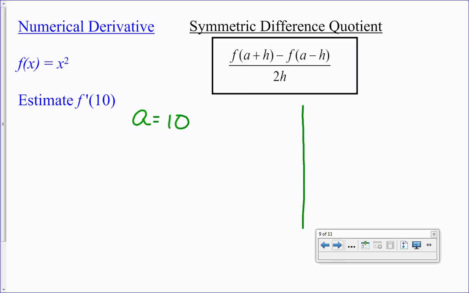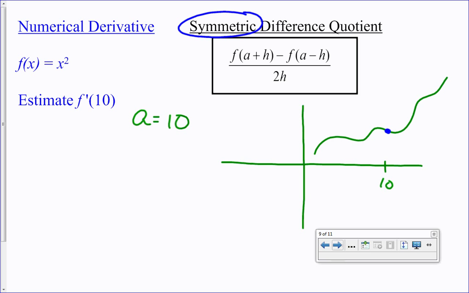If I have a graph here, and everything's always better with visuals, and let's say here is where X is equal to 10. We have some graph. Where does the word symmetric come in? Let's pick an H value. Let's say H equals 1. I go 1 this way, and I go 1 this way.